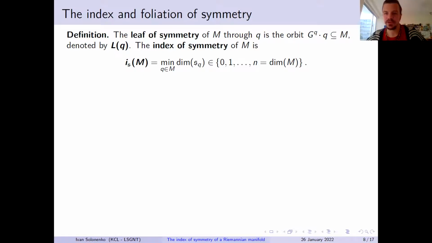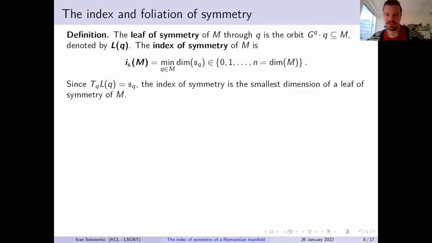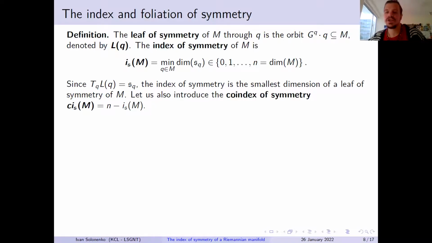It's pretty much straightforward that SQ is the tangent space to the leaf of symmetry LQ at Q. So in other words, the index of symmetry is just the smallest dimension of a leaf of symmetry of M, right? And this is a number from 0 to n, where n is the dimension of the manifold. Okay, and finally, just a technical additional definition. The co-index of symmetry is just n minus the index of symmetry.